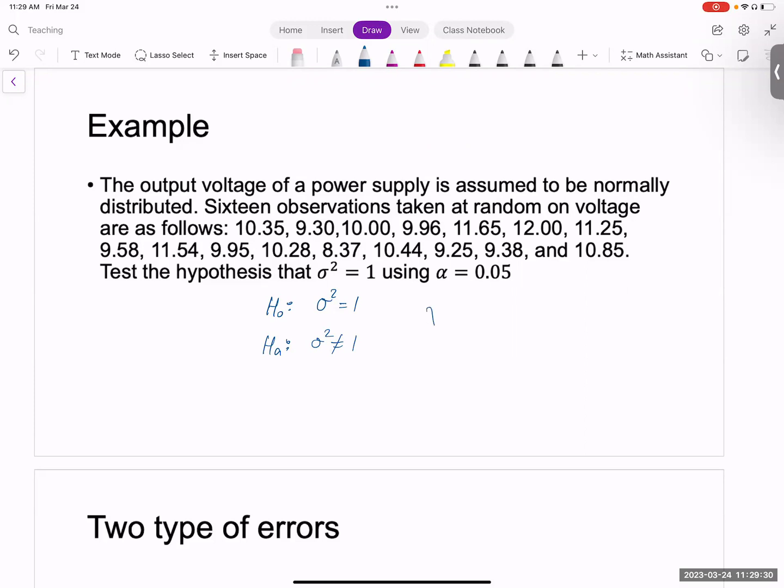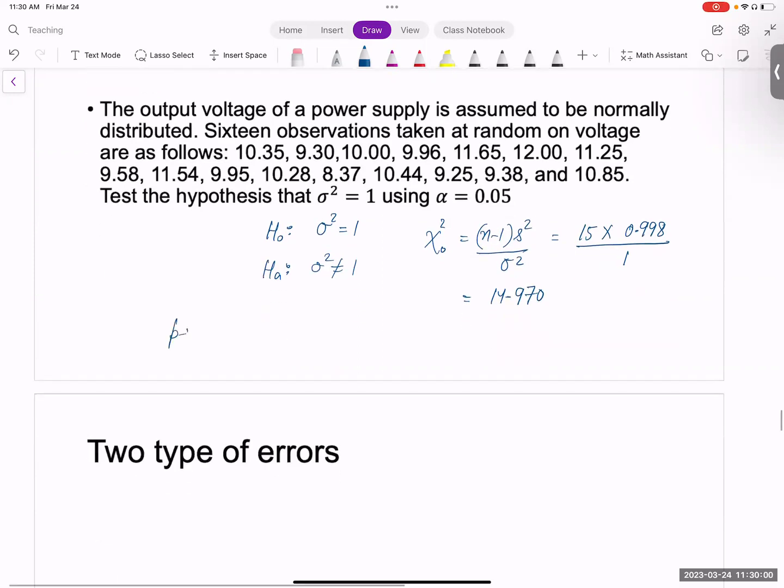And so now I can compute my test statistic chi-square 0 equal to n minus 1 times s squared divided by sigma squared. This is equal to, n is 16, so n minus 1 is 15 times s squared. I computed it using my calculator, I got 0.998, divided by sigma squared, which is 1. So this is 14.970. And if you use your calculator, you can compute the p-value.